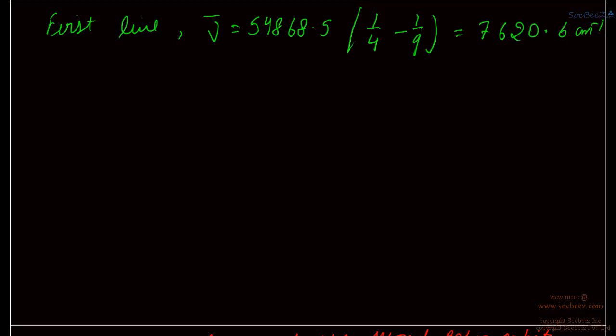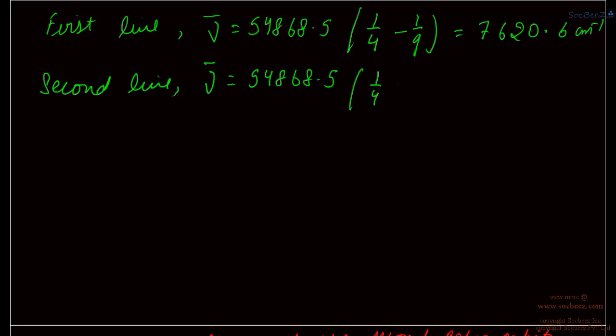So simplifying it, we get the value of wave number as 7620.6 per centimeter. Similarly, for the second line, nu bar will be 54868.5 times 1 upon 4 minus 1 upon 16, which equals 10288 per centimeter.